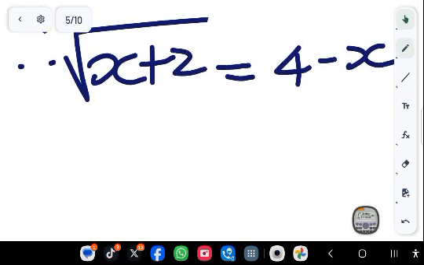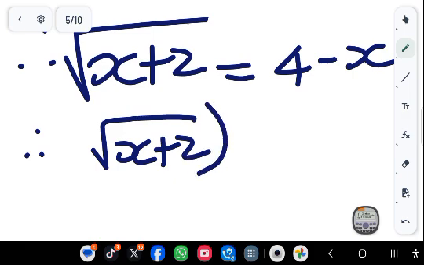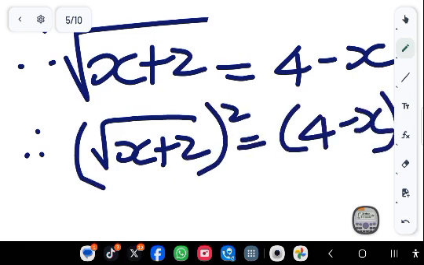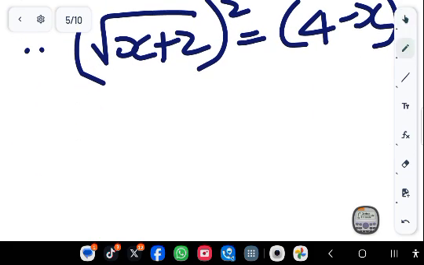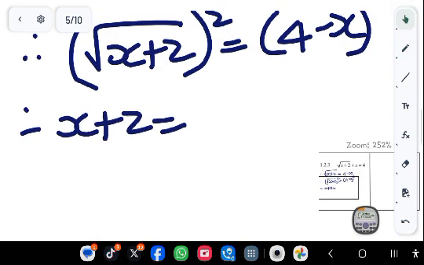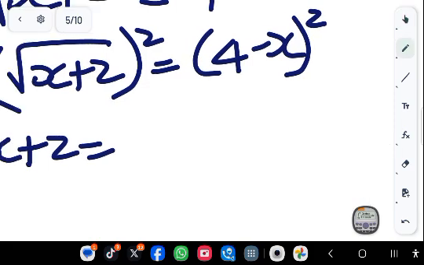Next step, you square both sides to get rid of the square root sign. But what you do to the right hand side, you must do to the left hand side, and vice versa. Now when we square the left hand side, all we do is remove the square root sign. When you square the right hand side, that's squaring a binomial.